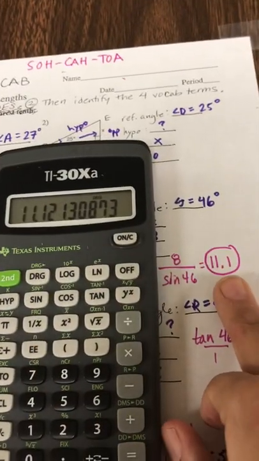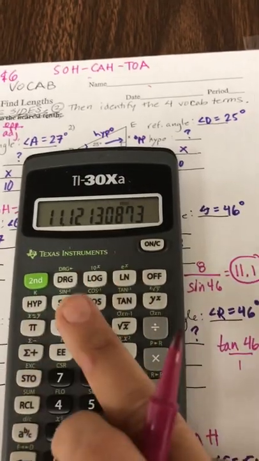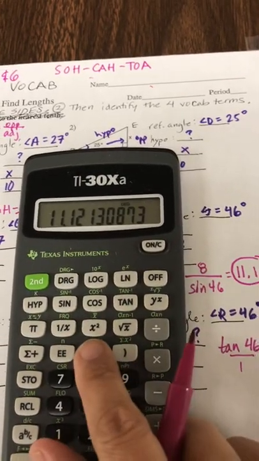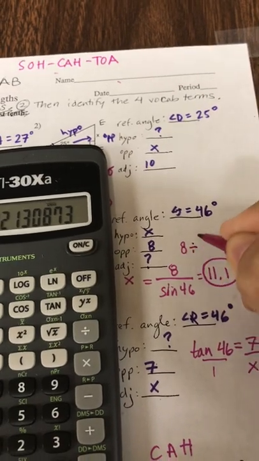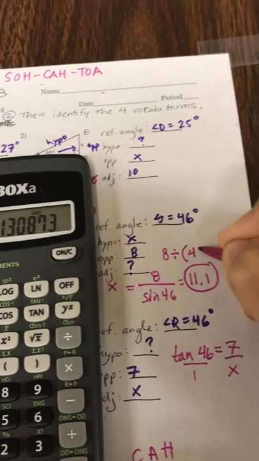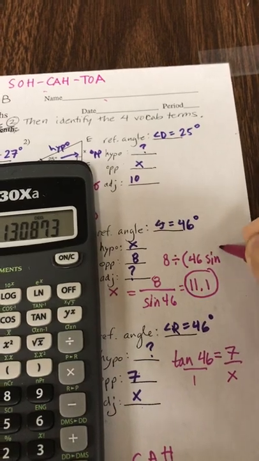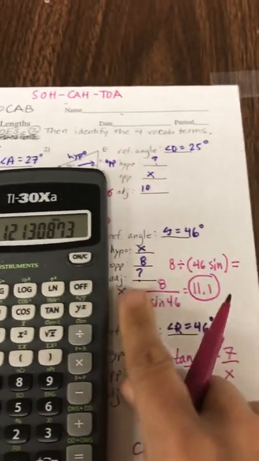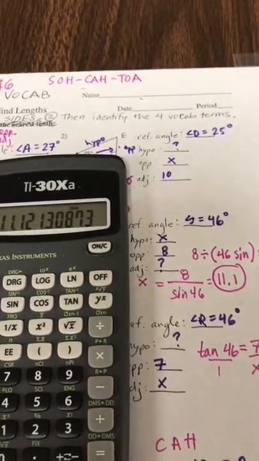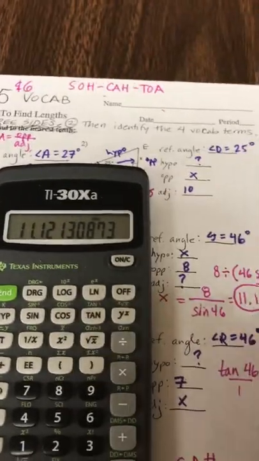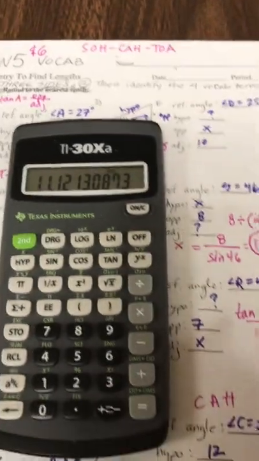So you can do it that way using this parentheses. Again, I put it in like this, 8 divided by parentheses 46 sine in parentheses equal. That probably makes more sense to people. Either way is fine by me. Just so you get to the right answer and you know which way you're going to do it.